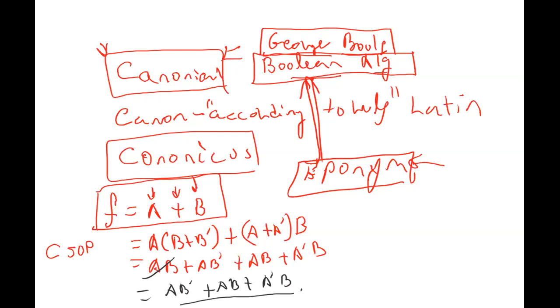And that is a canonical sum of products. And the reason why it's considered a proper form is every single literal appears in every single product term.